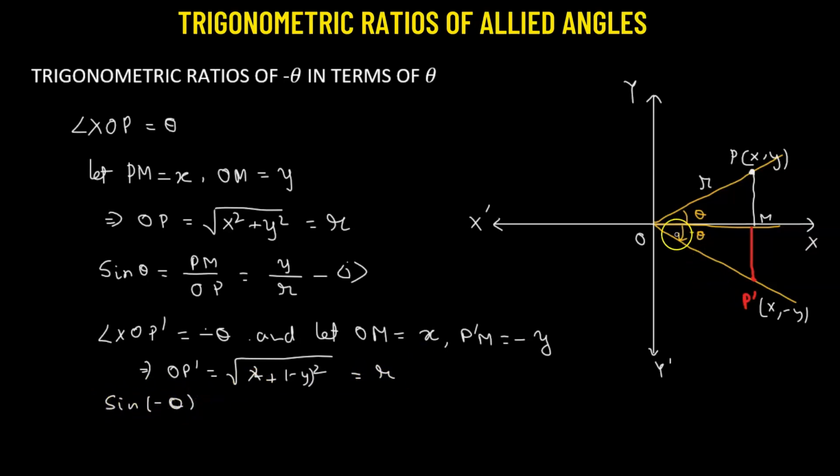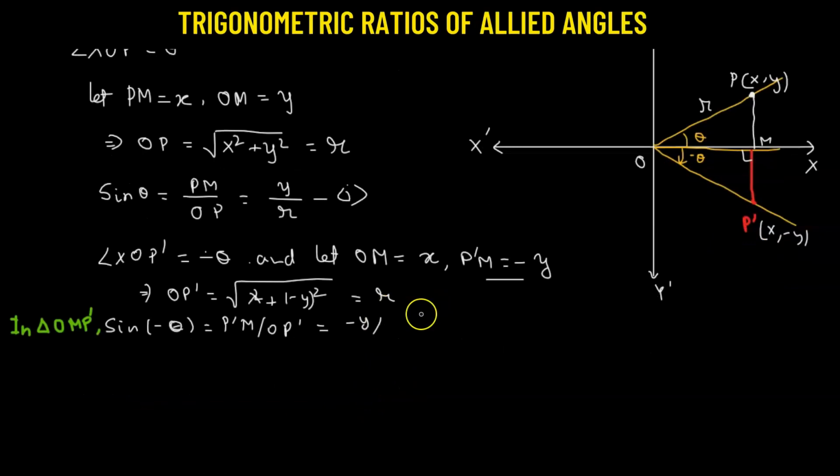We are considering the triangle OMP prime, which is right angled at M. So in right angle triangle OMP prime, sine negative theta is the ratio of the perpendicular P prime M divided by the hypotenuse OP prime. P prime M is negative Y, divided by OP prime, which is R. So this is equation number 2.